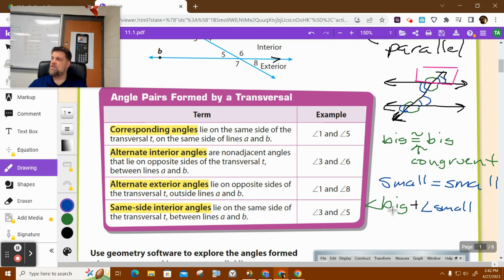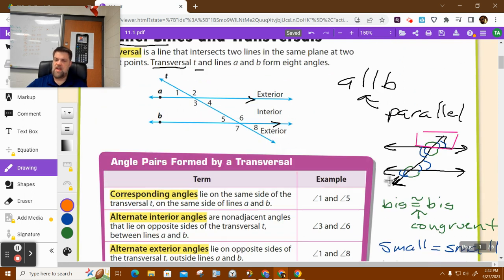Well, what's the measure of a straight line? 180. So that means when you have one big angle plus a small angle, it has to equal 180 degrees.